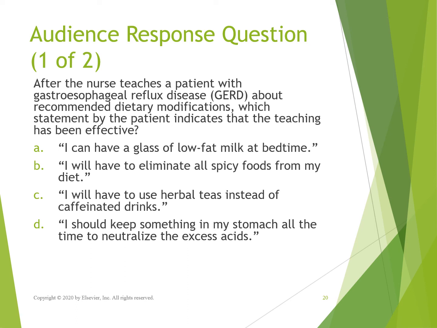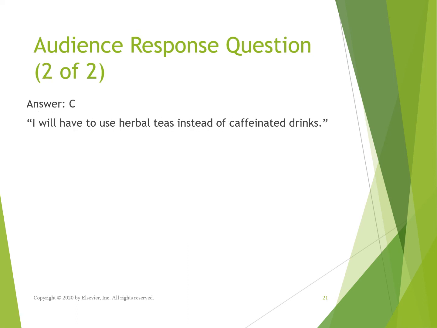So if you chose C, you are correct. I will use herbal teas instead of caffeinated drinks. So this is our best answer because caffeine is a known risk factor for GERD. There was an answer about the patient eliminating all spicy foods.